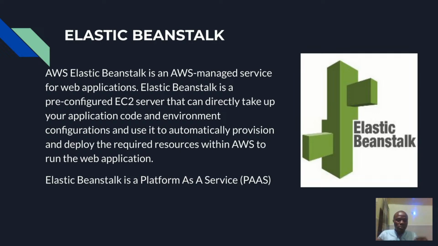Let's say, for example, you have this Node.js application and you want to deploy it using Elastic Beanstalk. Elastic Beanstalk will automatically spin up the EC2 instance for you when you're doing the configuration and provide this pre-configured environment for your Node.js application to run. And it makes software engineers and developers focus more on writing and improving their application code.